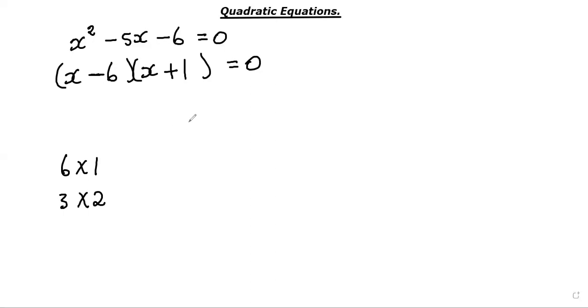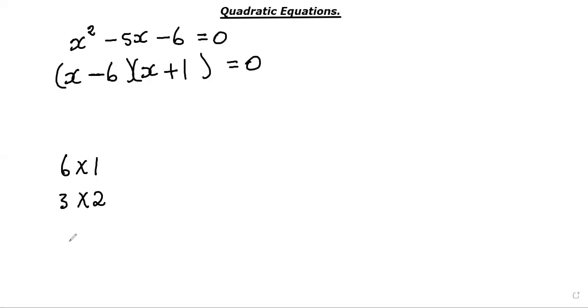Think of it: -6 plus 1, it's -5. Do you see that? And in addition, if you say -6 multiplied by 1, you still get -6. So indeed, 6 and 1 are a perfect combination to use.